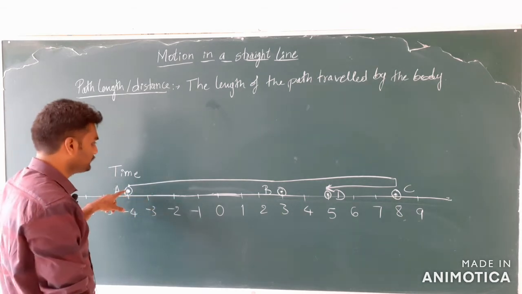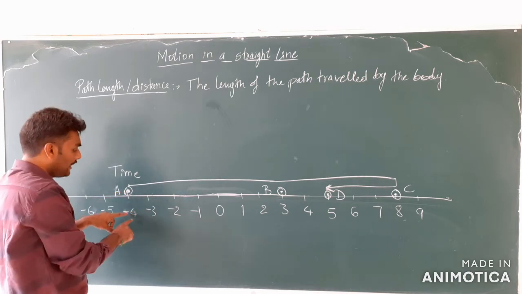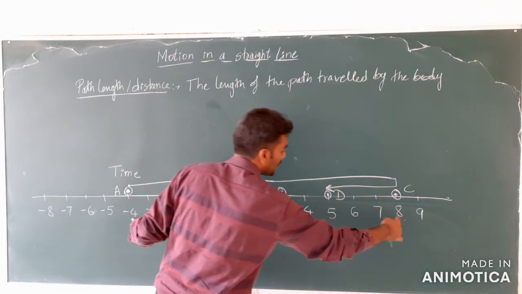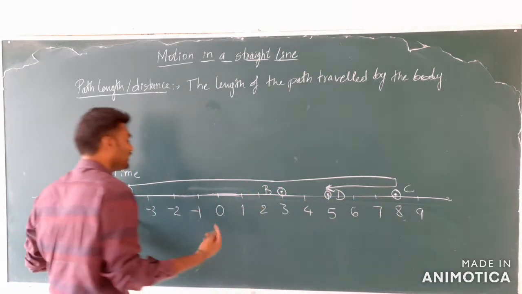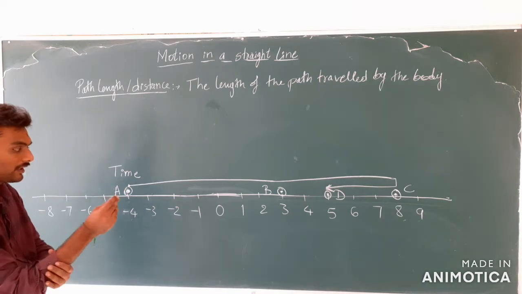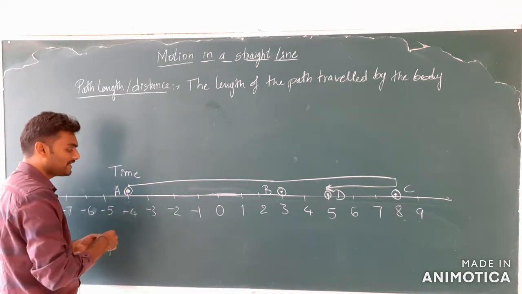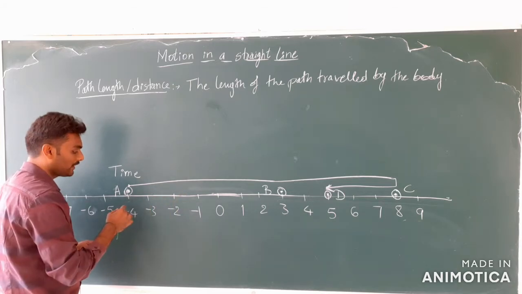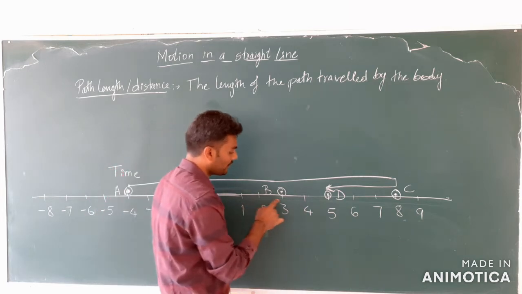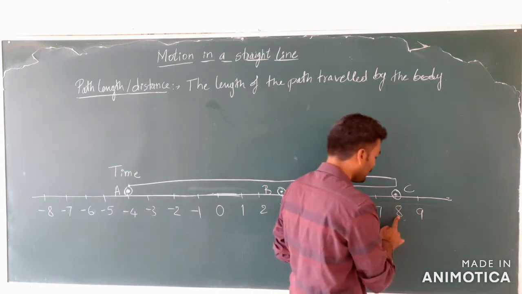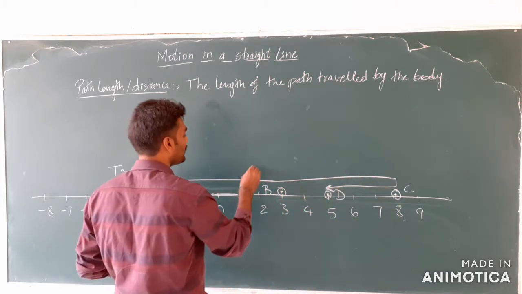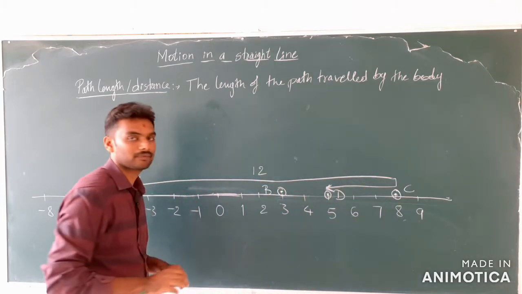It starts from A, which is -4, to 8. What is the distance traveled? If you find it difficult, you can measure it by counting the length. 1 unit, 2, 3, 4, 5, 6, 7, 8, 9, 10, 11, 12. So from A to C, it has traveled 12 units.